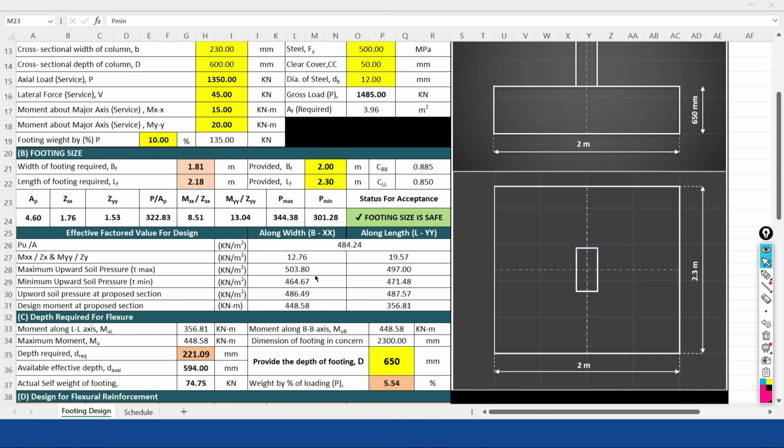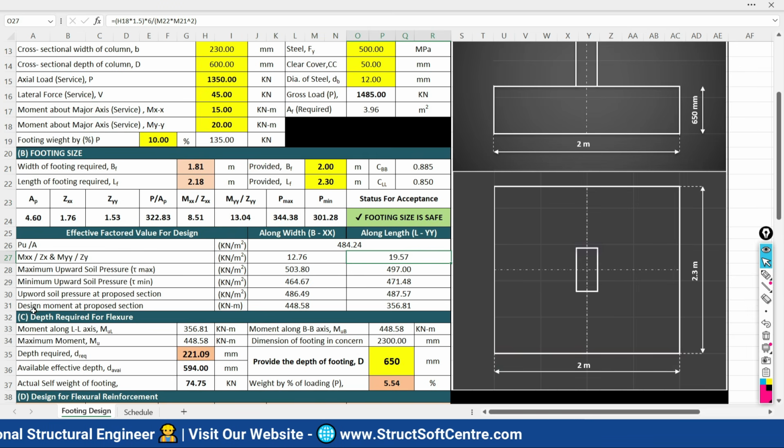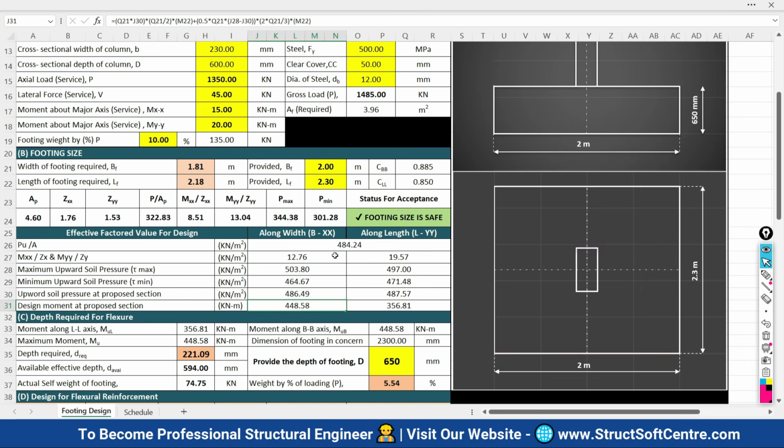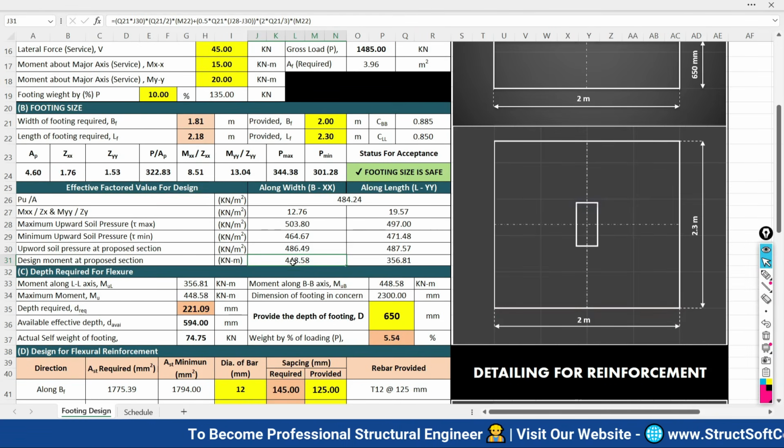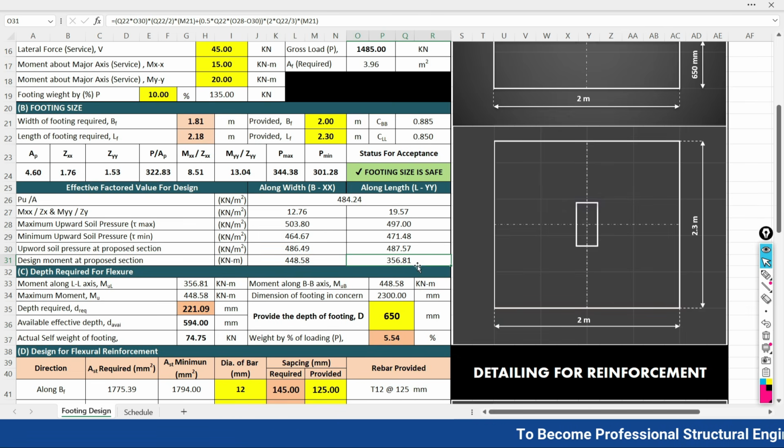Now moving ahead, the sheet is going to take care of the further calculation for the pressure, for the moment, for everything. Finally it is calculating the design moment at the proposed section. Along the width of the foundation, it is 448.58 kilonewton meter. Along the length of the foundation, 356.81 kilonewton meter.